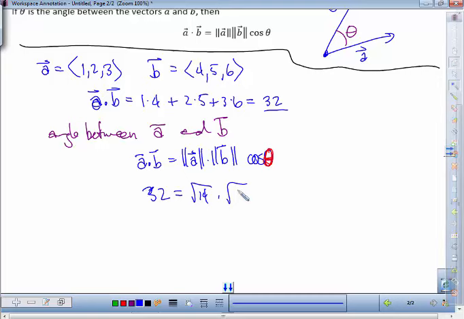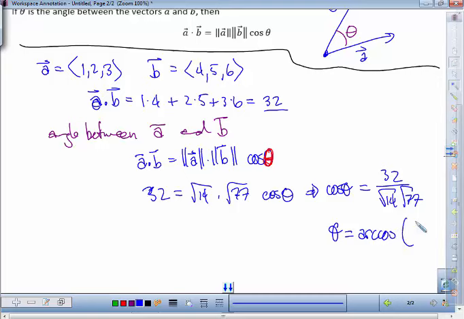What? 77? We agree? And then we have the cosine of the angle between them. And so if we solve for that, cosine theta is equal to 32 over square root of 14 square root of 77. And then you find the inverse cosine. Then you would get your result.